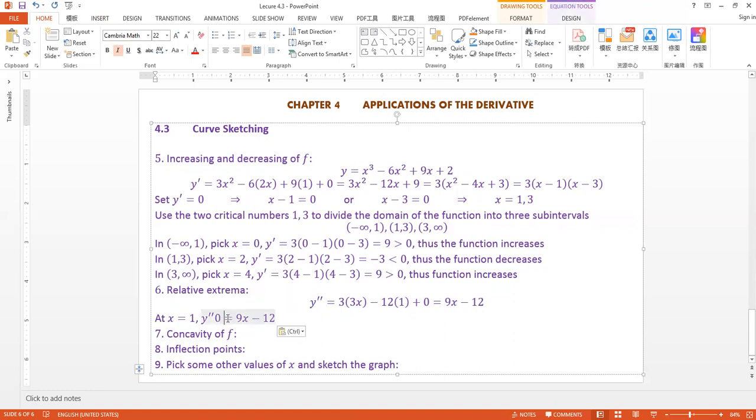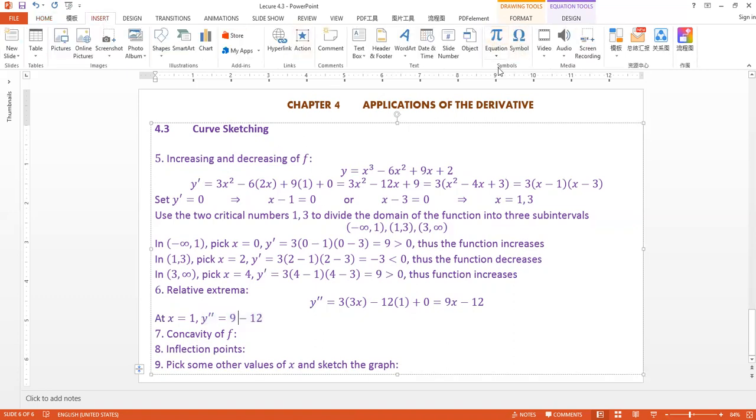So the second derivative of the function is 9x minus 12. If x equal to 1, then that's 9 times 1 minus 12. So that's 9 minus 12, which is negative 3, isn't it? So that's negative.